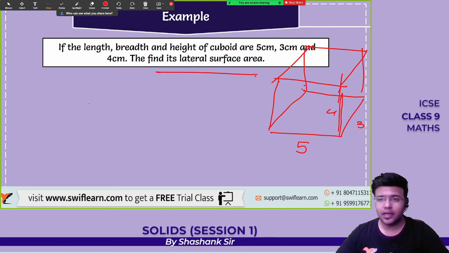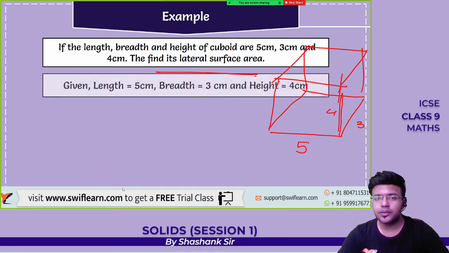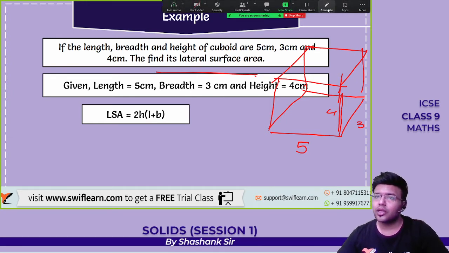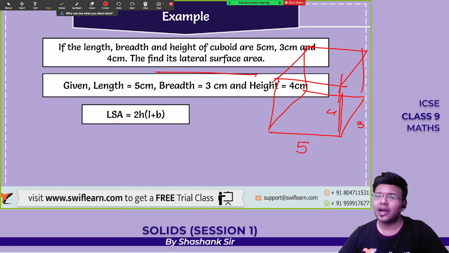Lateral surface area is given by 2 times height into (length plus breadth). Actually what they mean is 5 into 4, which is 20, and 20 plus 20 is 2 times 20.